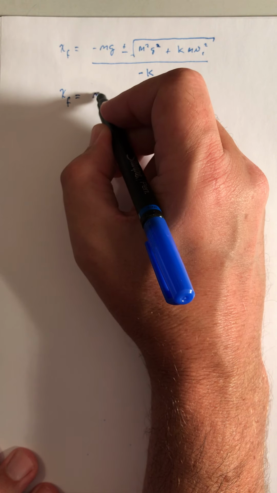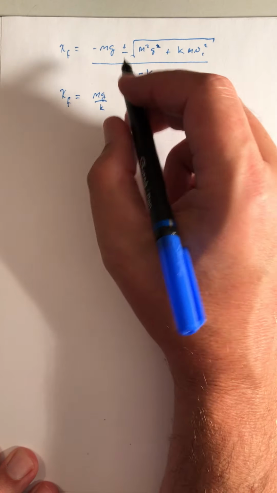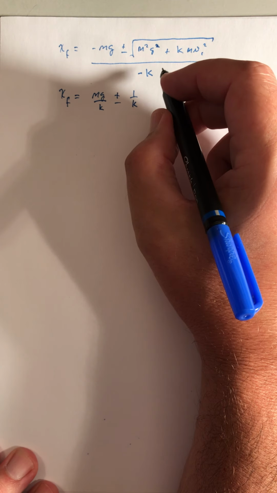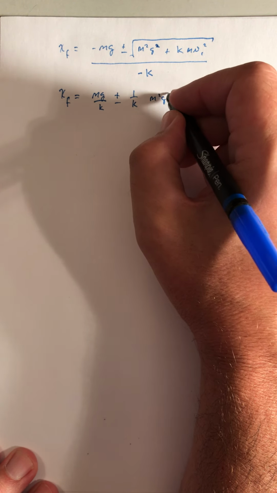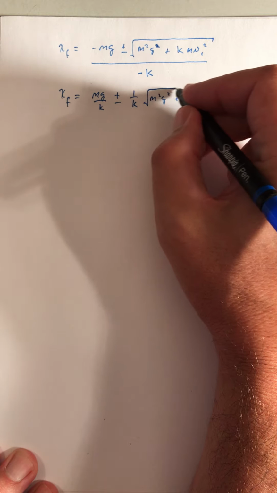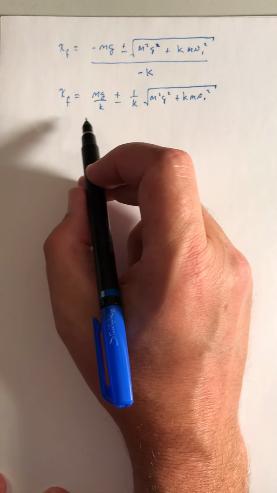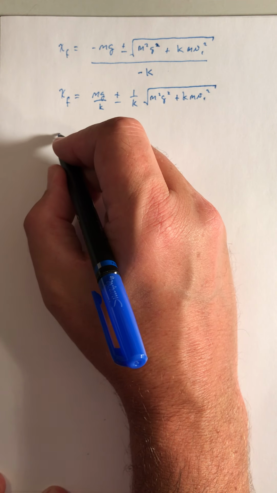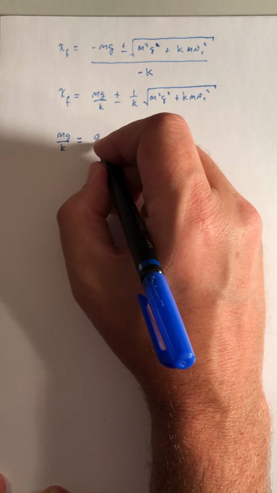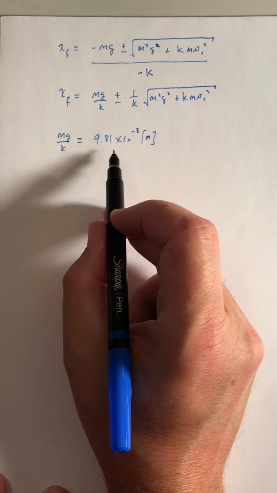X final is going to be mg over k, plus minus, over a minus, so it's just going to be plus minus 1 over k, times the square root of m squared g squared plus k m v initial squared. When I evaluate mg over k, it's going to give me 9.81 times 10 to the minus 3 meters, so just about a centimeter.